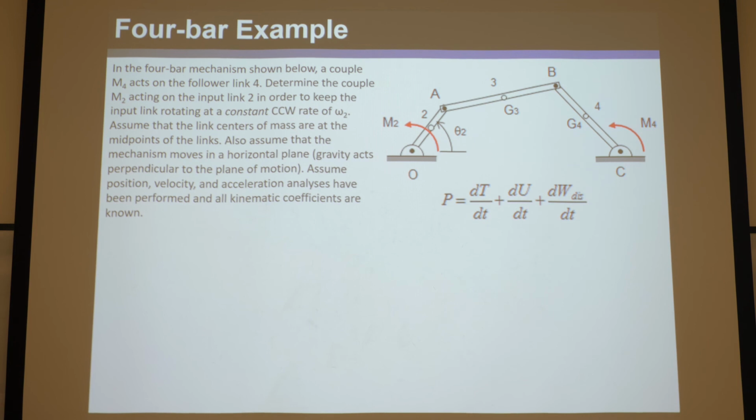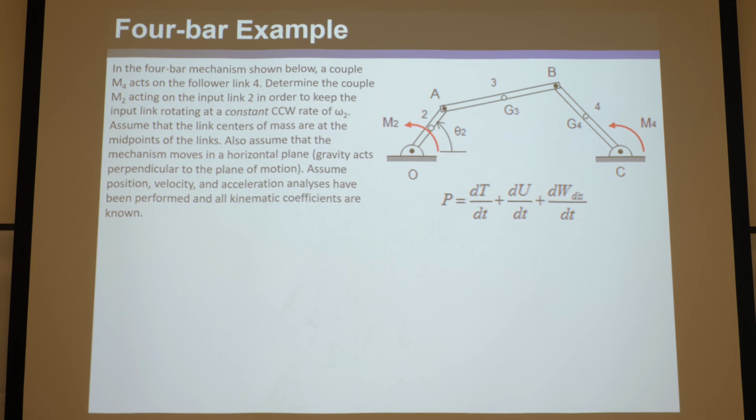Assume position, velocity, and acceleration analysis have been performed, and all kinetic coefficients are known, which is good because if they're not done, then you have to do them all. Like I said, exams in this course are pretty brutal. If you get the vector loop wrong, you could get everything wrong: velocity analysis, acceleration analysis, and power equation, just totally wrong.